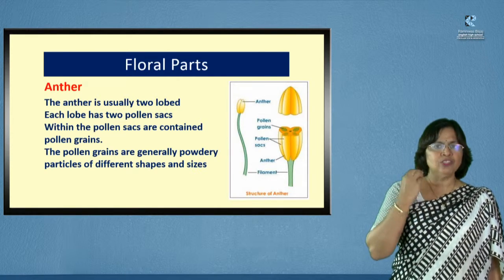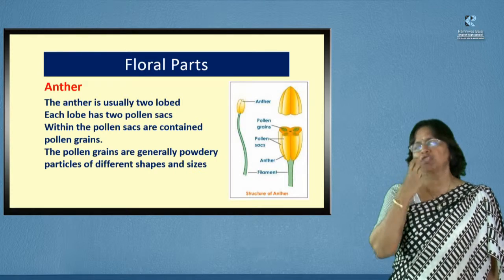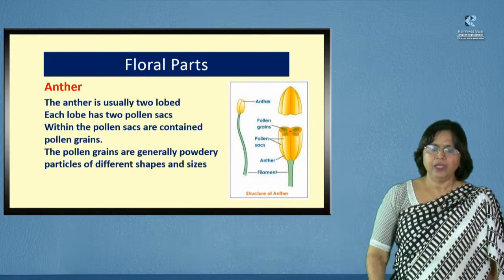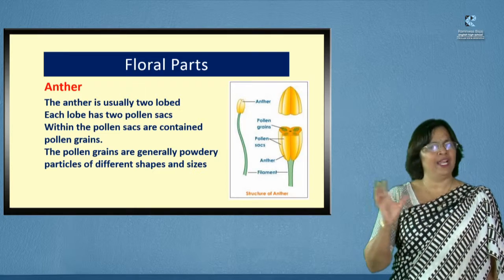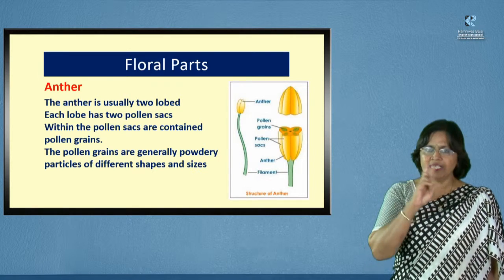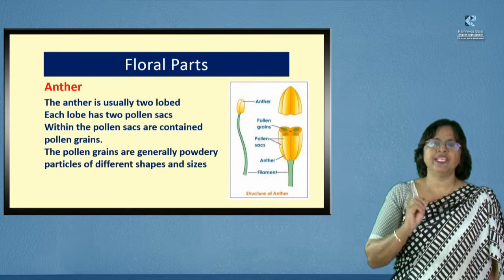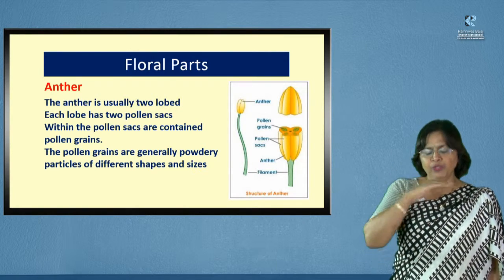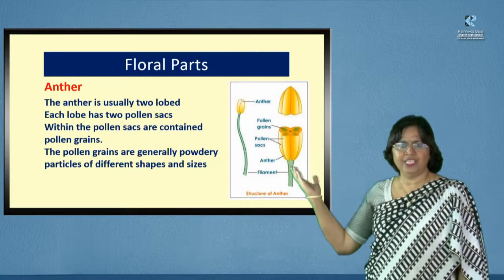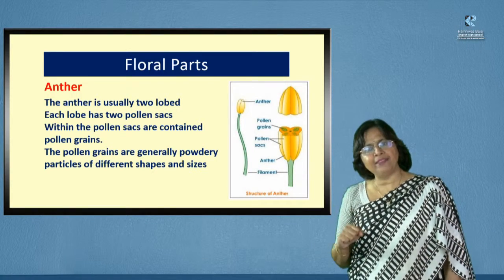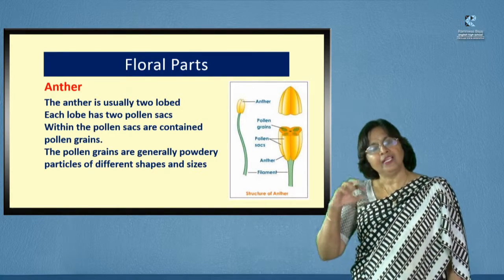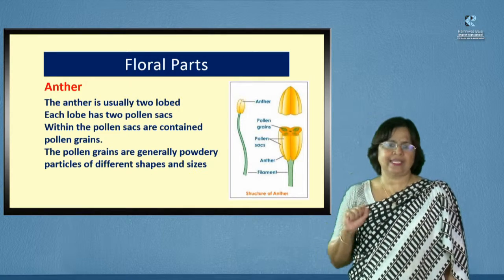The anther on top is the most essential part of the stamen. The anther is bilobed. It has 2 structures that make it up together. When you take a cross section of the anther, as you can see here, you find that each lobe consists of 2 sacs.